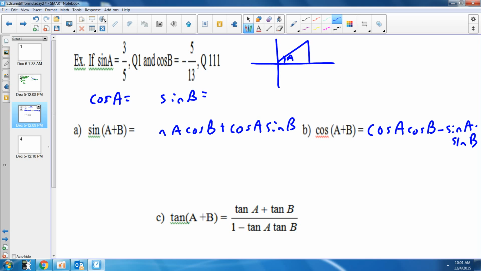It's 3/5 opposite over hypotenuse. Your missing side is 4. It's in the first quadrant where they're all positive. So that tells you that the cosine of A is going to be 4 over 5.